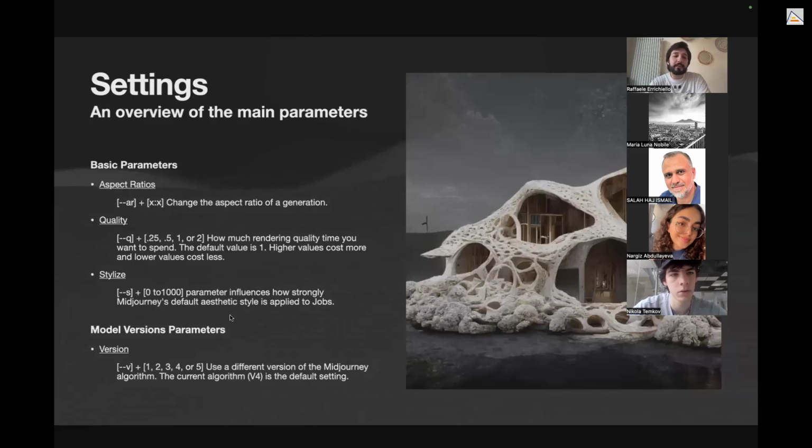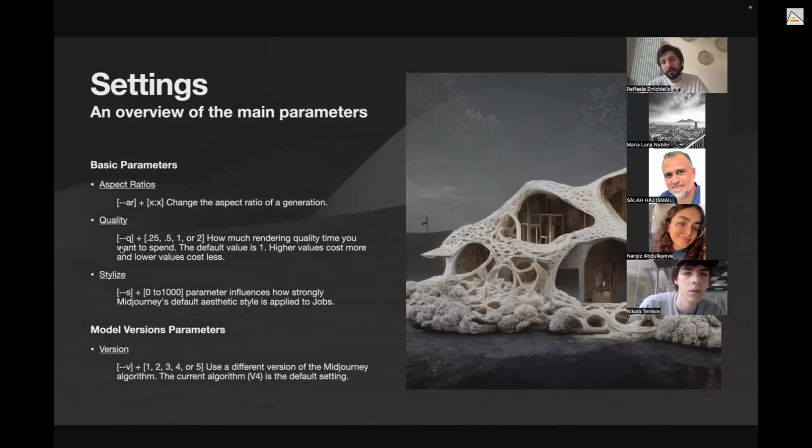For example, these are some basic settings that I suggest you to use. To change the aspect ratio, practically you just type, without the square parentheses, the symbol AR and the aspect ratio proportion. Then you can change the quality.